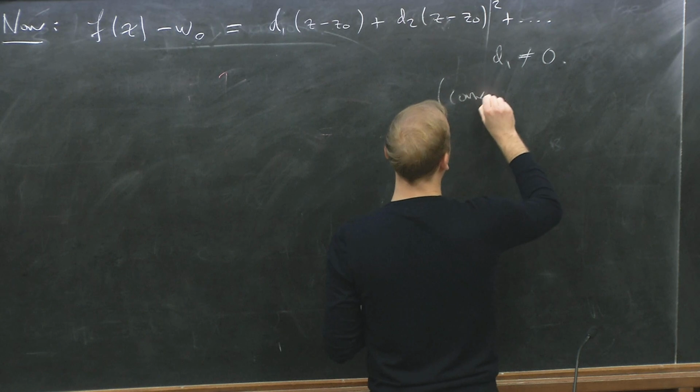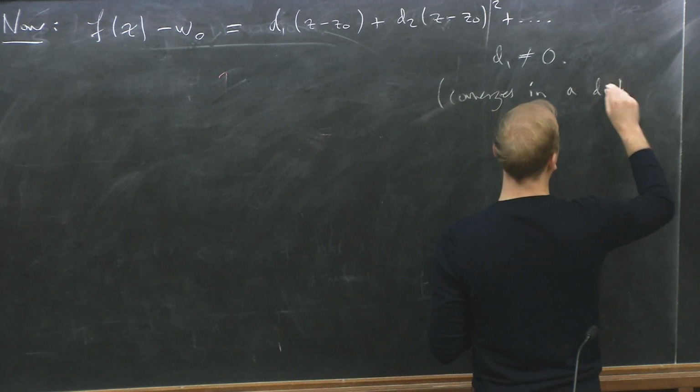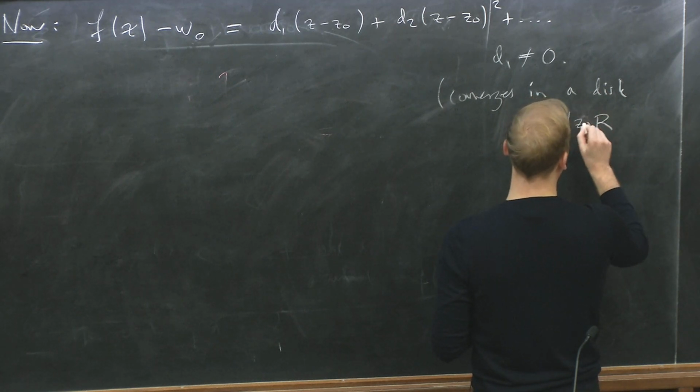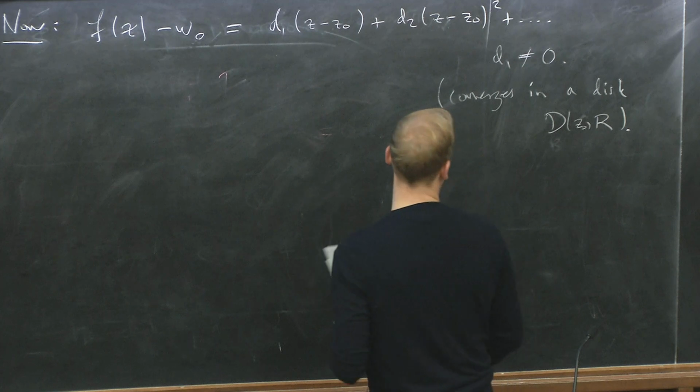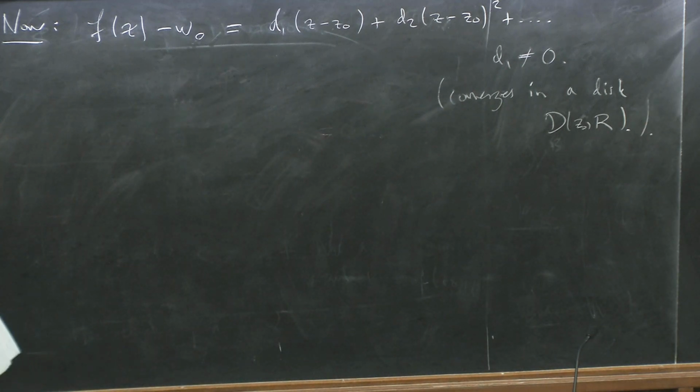And this one converges in some disk centered in z0 of some radius r. This is just abstract to say that every power series expansion has some radius of convergence.